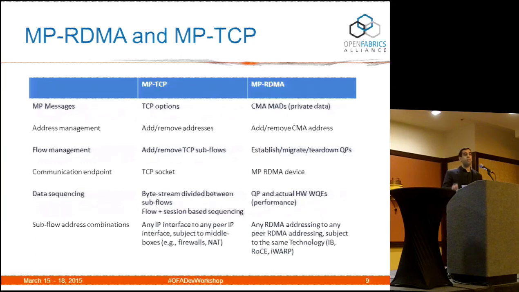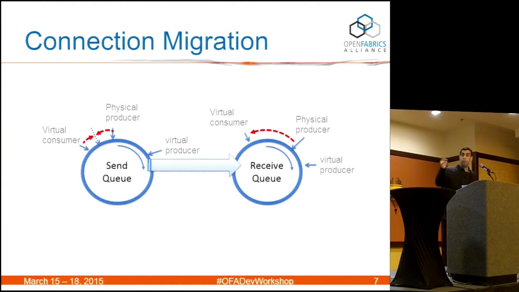And only if it fails, or there is a migration, or the load balancer somewhere decided to shift the traffic, only then we are going and doing this failover mechanism. And this failover mechanism actually creates another underlying resource in another device and ships the traffic to it. But once a QP is bound to a specific physical device, it stays there.